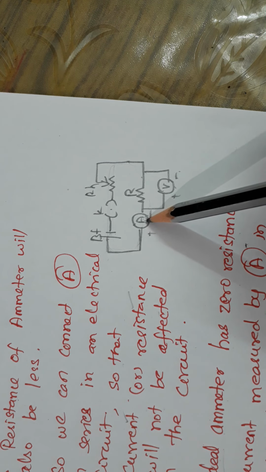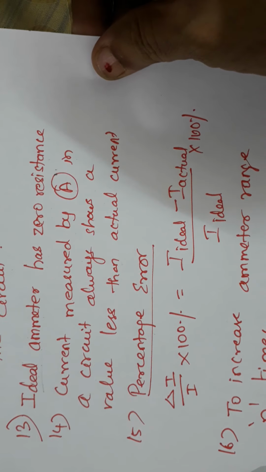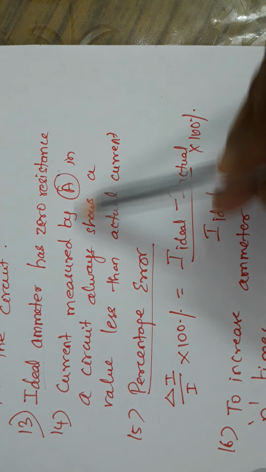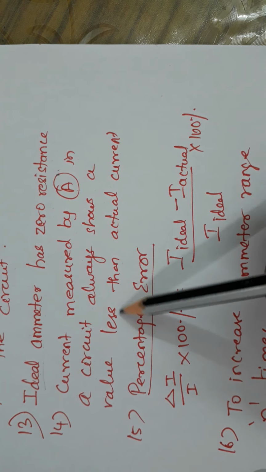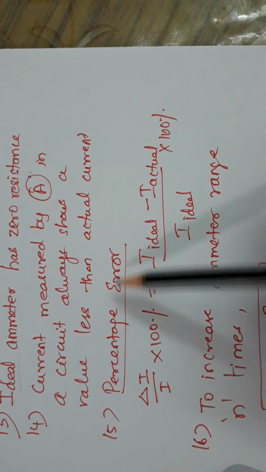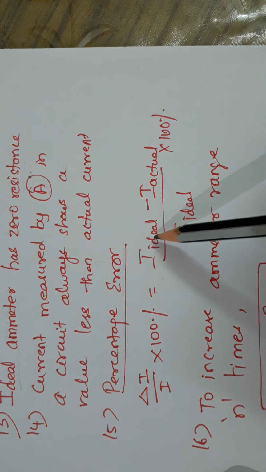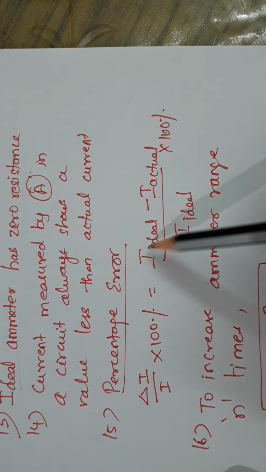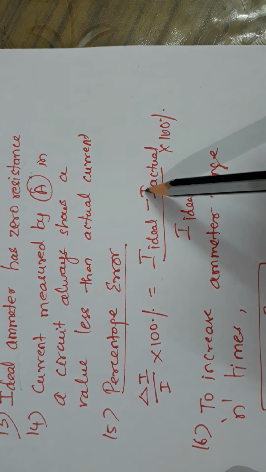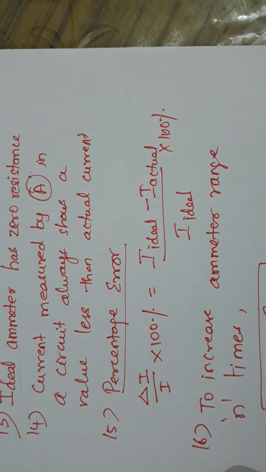The ammeter reading is always less than the actual current. So we go for the percentage error. What is percentage error? Delta I by I into 100% is equal to (ideal current minus actual current) by ideal current into 100%.